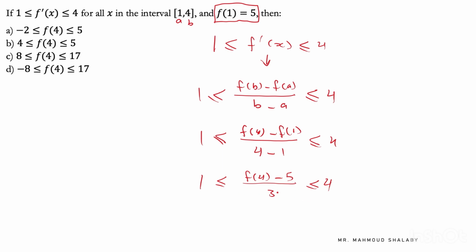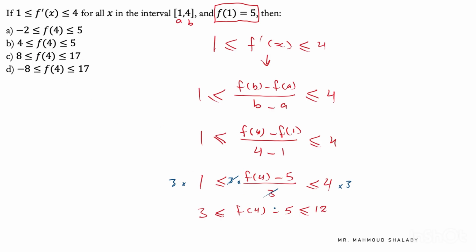Then, to remove the 3 from the denominator, I will multiply all terms of the inequality by 3. The 3 will be cancelled, and now 3 times 1 is 3, smaller than or equal to f of 4 minus 5, smaller than or equal to 4 multiplied by 3 is 12.